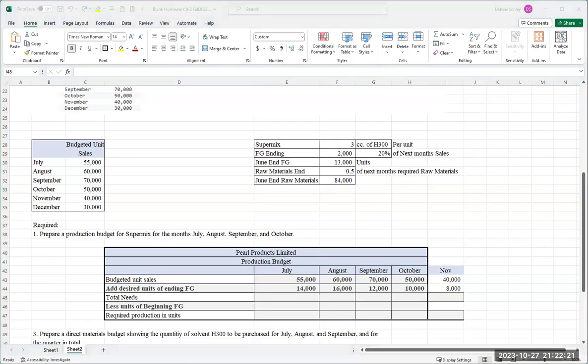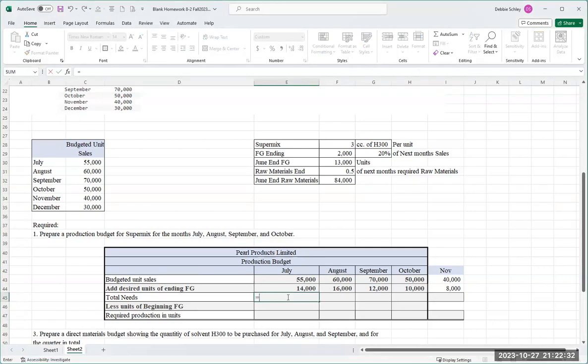Now let's see, what do we need to figure out? Total needs. Okay, so we just need to add those together.